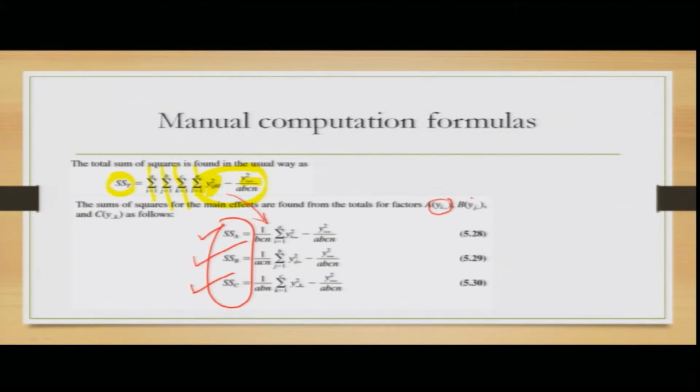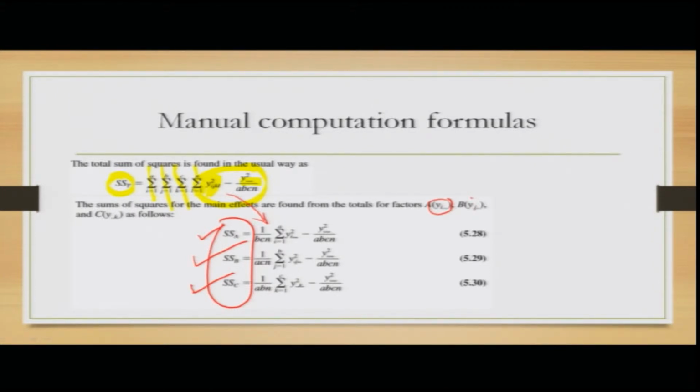For SSB, which is the sum of squares for B, here the second suffix would keep changing, but it will be summed up, as I am repeating, for the first, third and the fourth places as rightly done here, and it will be divided by a into c into n. And for SSC, the summation would be done for each value of k, for the first, second and the fourth as shown here, and the division would be a, b into n.